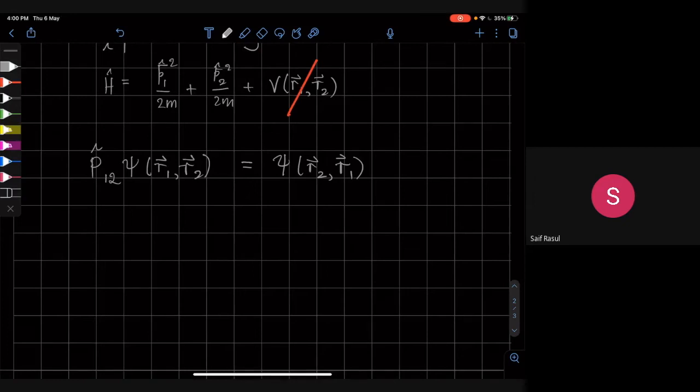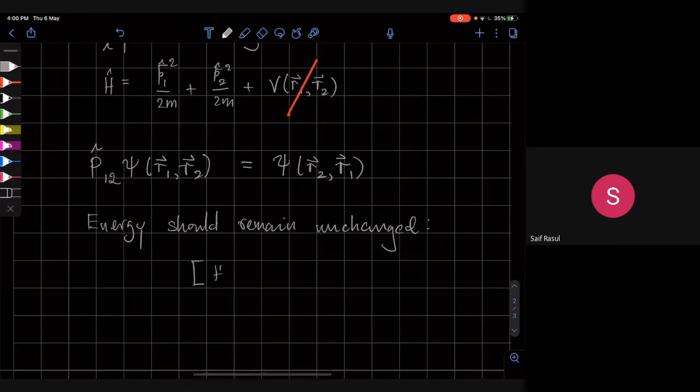Now, since the two particles are identical, this should keep the energy unchanged, right? So the energy should remain unchanged under this permutation. This is another way of saying that the Hamiltonian should commute with the permutation operator.